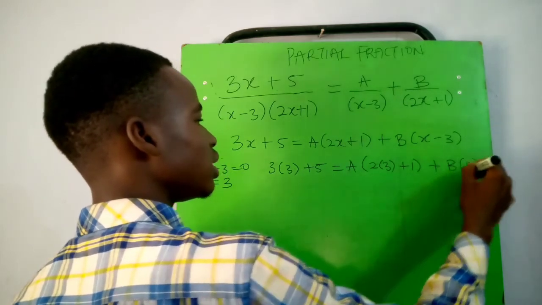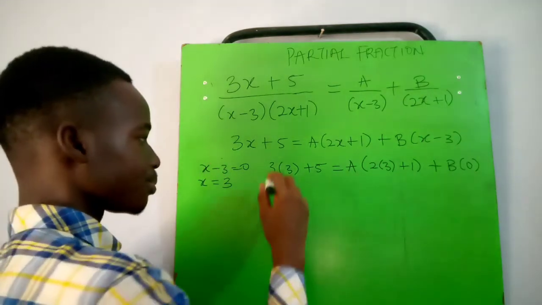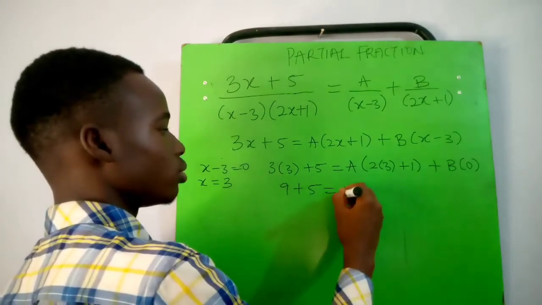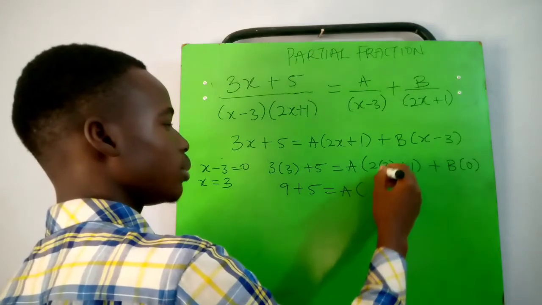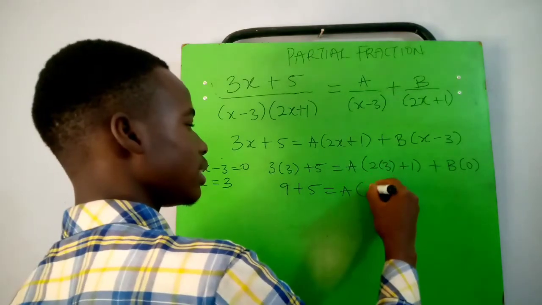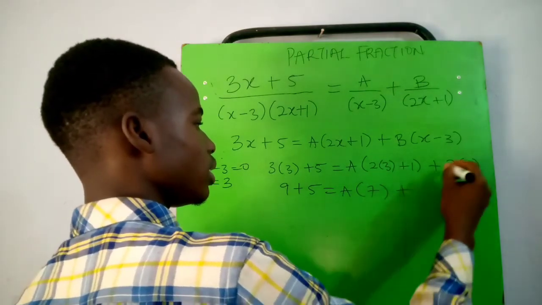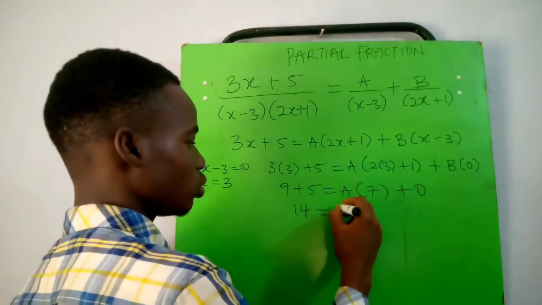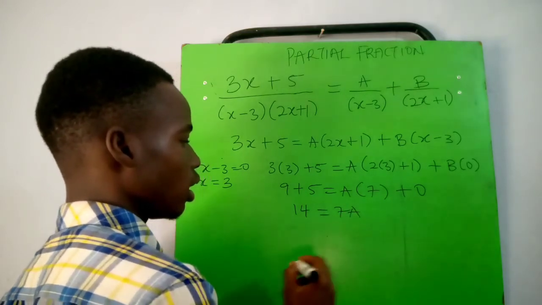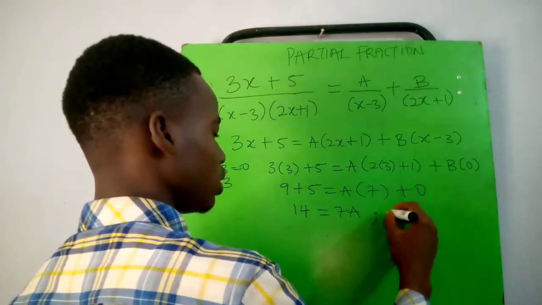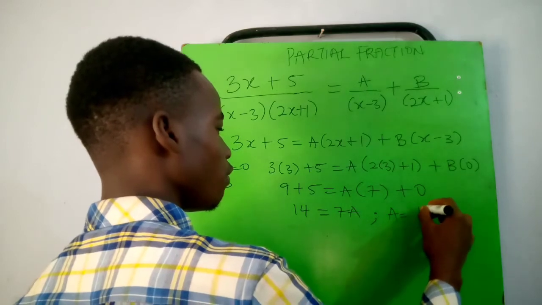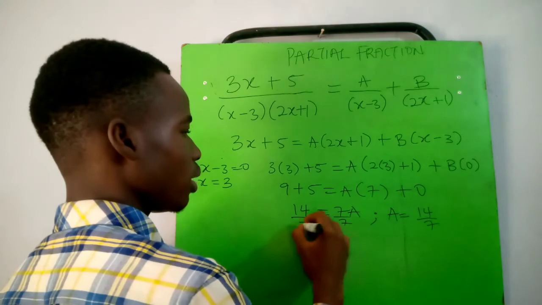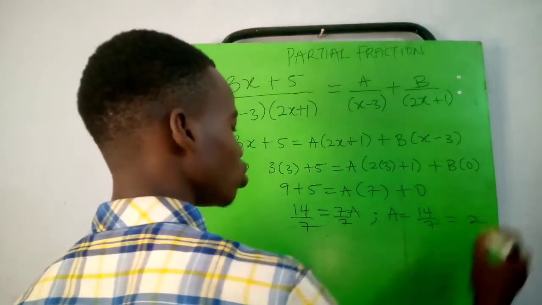We know everything here is 0, since 3 minus 3 is 0. 3 times 3 is 9 plus 5 equal to A(2 times 3 is 6, 6 plus 1 is 7). And everything here is 0. 9 plus 5 is 14 equal to 7A. It means that A will be equal to 14 over 7. When we divide both sides by 7, we have 14 over 7, which is equal to 2.